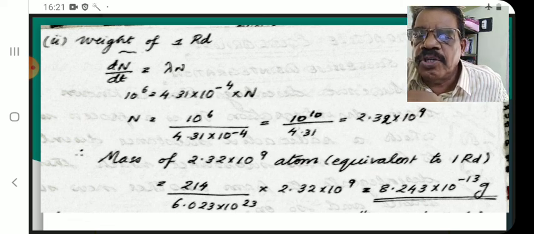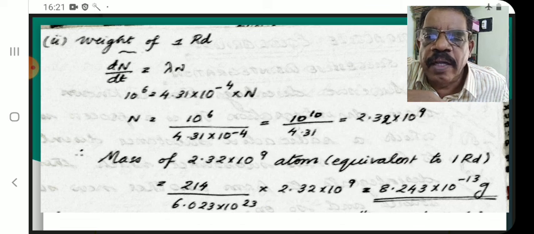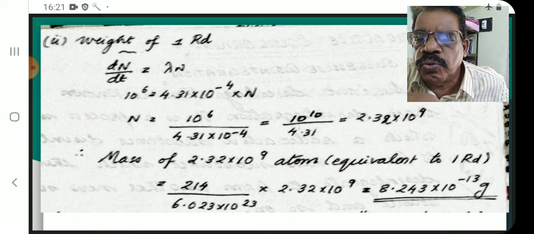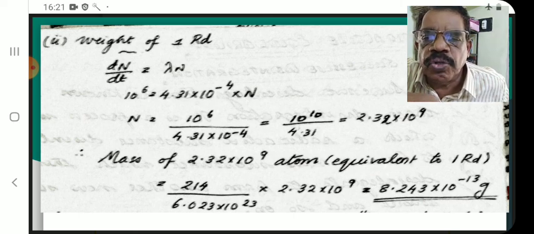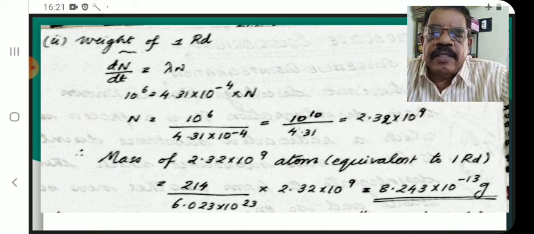Mass of 2.32 into 10 raised to 9 atoms equivalent to 1 Rutherford is equal to 214 by 6.023 into 10 raised to 23 into 2.32 into 10 raised to 9, which is 8.243 into 10 raised to minus 13 gram.